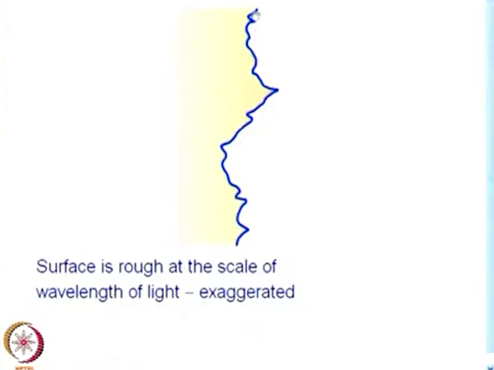The surface for all practical purposes will be very smooth and straight, but if you look at the wavelength of light, the surface is rough at the scale of the wavelength of light. So, it is a very highly exaggerated picture of the surface to illustrate how speckles are formed, and it is very interesting. This will open up a deeper understanding of how you have these methods.